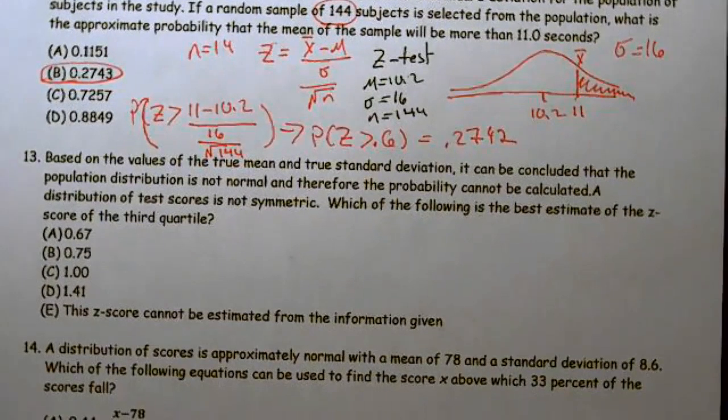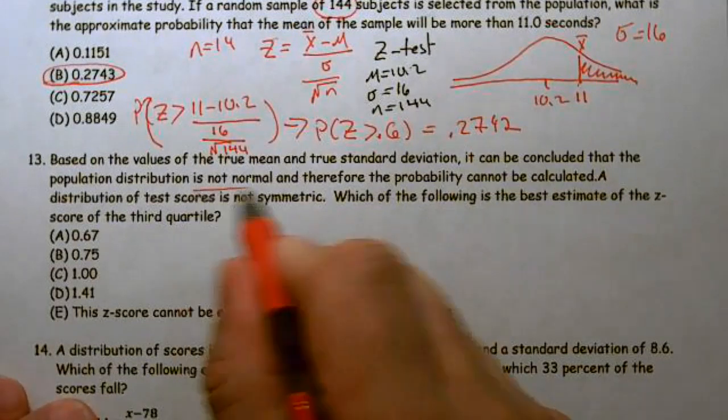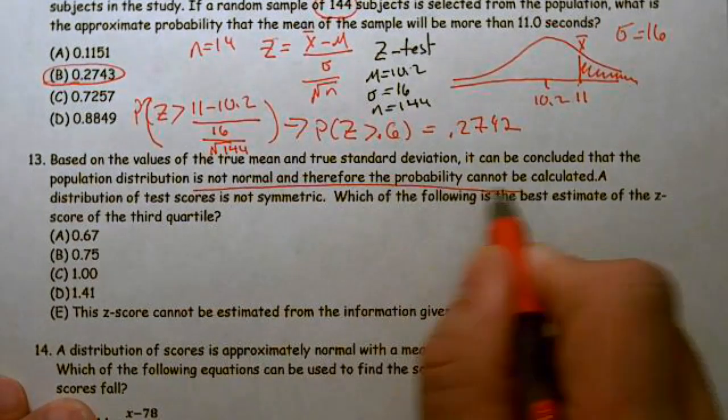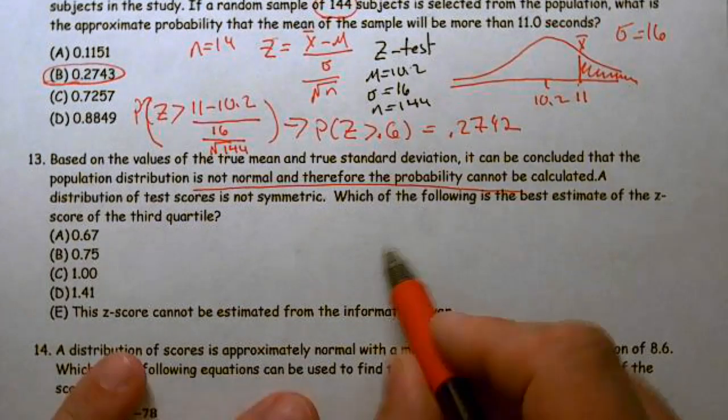Number 13. Based on the values of the true mean and true standard deviation, it can be concluded that the population distribution is not normal, and therefore the probability cannot be calculated. A distribution of test scores is not symmetric. Which is the best estimate of the z-score of the third quartile? Well, wait a second.